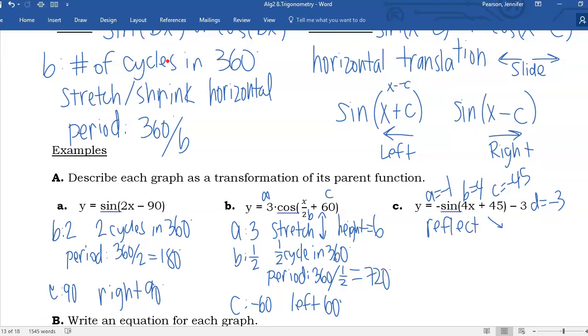B being 4 means we're going to see 4 cycles in 360. And to calculate the period then, if we do 360 over 4, it means one period would be 90 degrees.